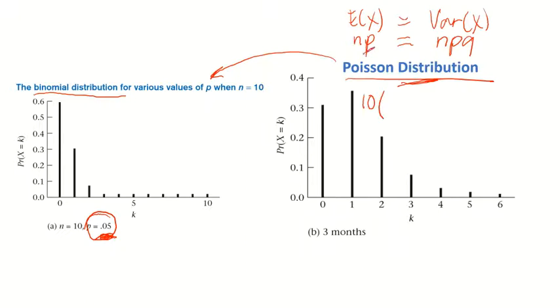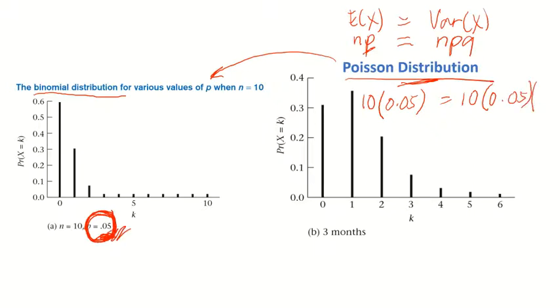Now, for the probability of success, let's just adopt what we have here, 0.05. And then, let's equate this with the variance, n, which we're assuming is 10. And of course, our probability of success, we are adopting from here.